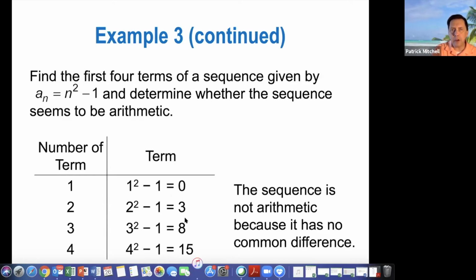I'll leave it to you to check this math. We get 0, 3, 8, 15. And that sequence is not arithmetic because it has no common difference. The difference between these 2 terms is 3, between these terms is 5, and between these terms is 7. So that is a sequence, but it's not an arithmetic sequence.